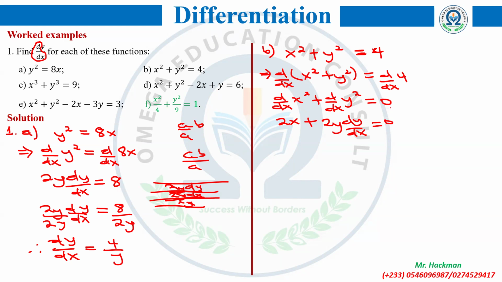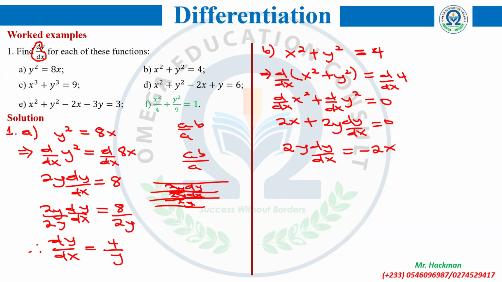So now the next step is to make dy/dx the subject. So isolate. In making dy/dx the subject, first of all, you have to isolate our dy/dx term. So here you have only one term. So it means you have to move this one to that side so that this will stand alone as a term. So you are going to get 2y dy/dx is equal to negative 2x. Do you agree?